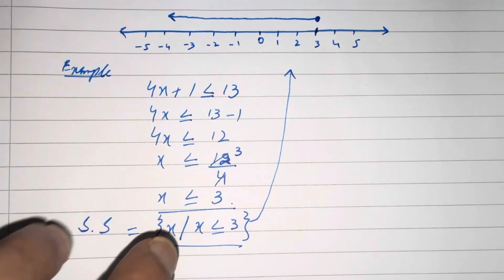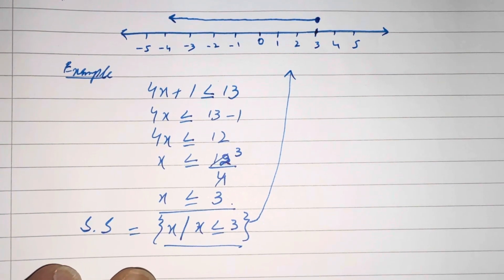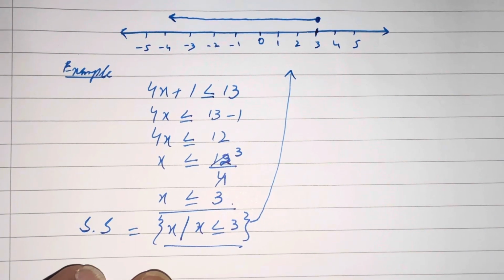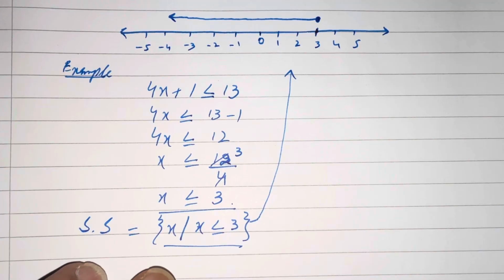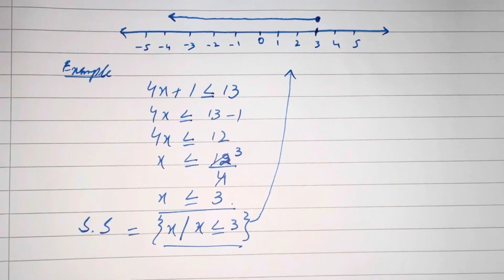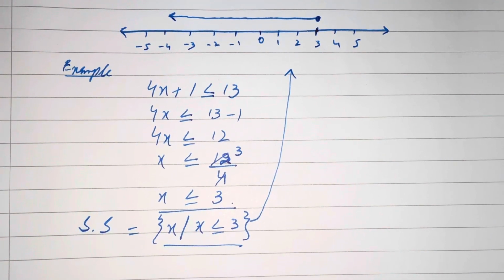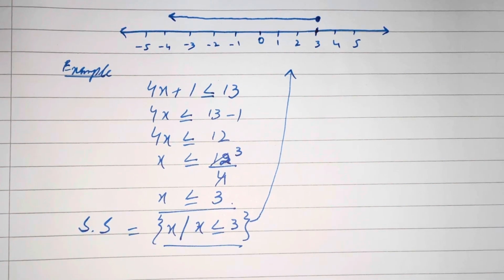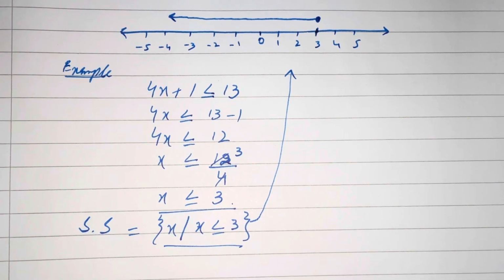That was a very simple example that I have chosen to make the lecture easy, so that you can understand how we can represent the inequalities on the number line. Hopefully you will understand how we can find the solution set in linear inequalities, and after finding the solution sets, how we can represent them on the number line.